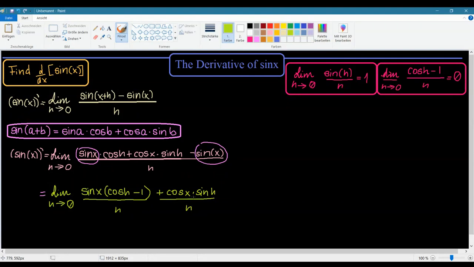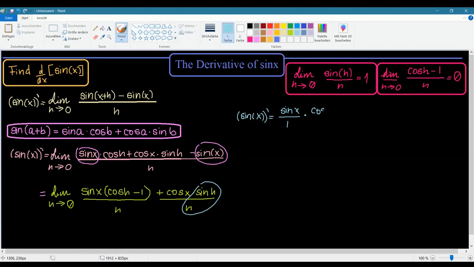But you can tell that when we look at this right here, we're going to be able to apply this first rule. Okay, so now how do we rewrite this? I'm going to do it on the right-hand side. Sine of x prime. We rewrite this as sine x over 1 times cosine h minus 1 over h.